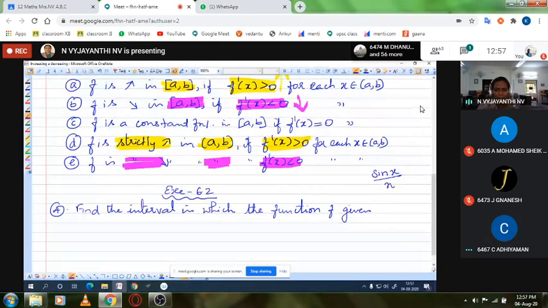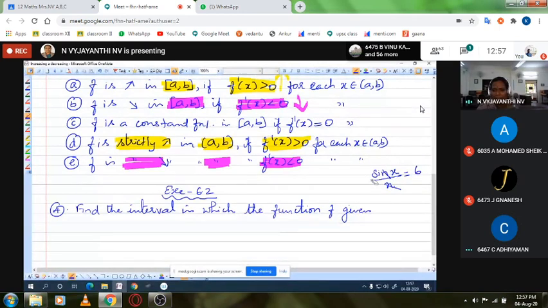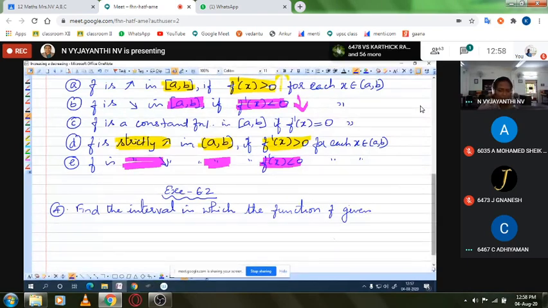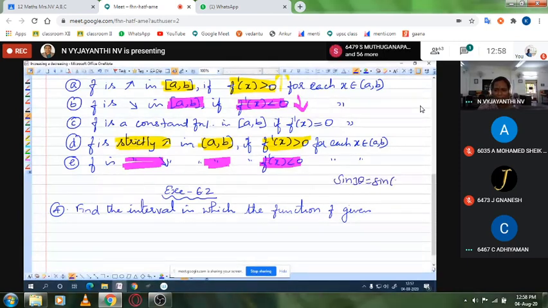Likewise, they answered me sine 2 theta equal to sine theta plus sine theta. Then one more intelligent girl answered sine 3 theta is sine theta plus theta plus theta.